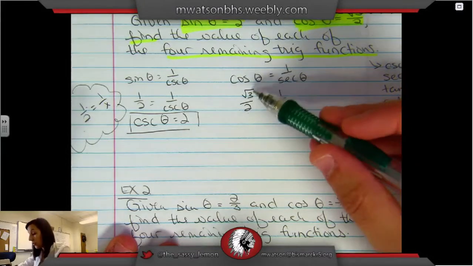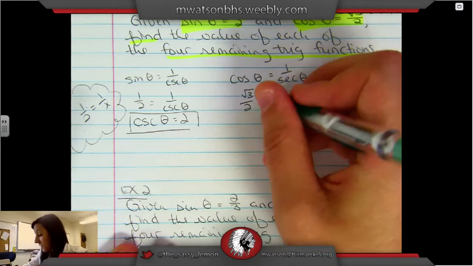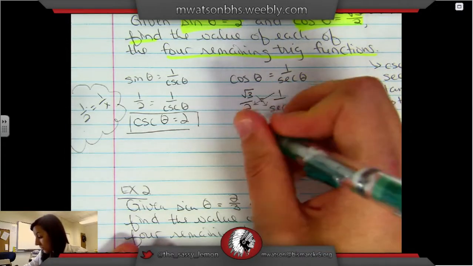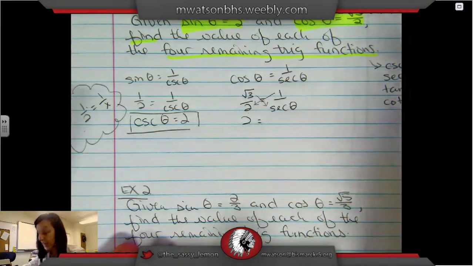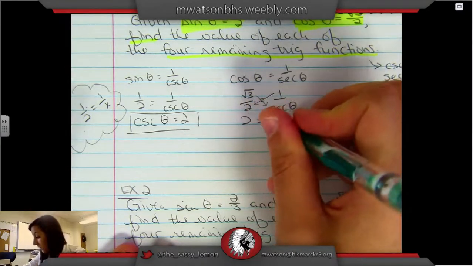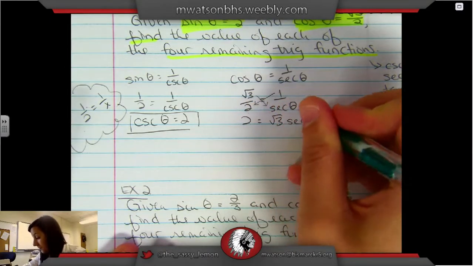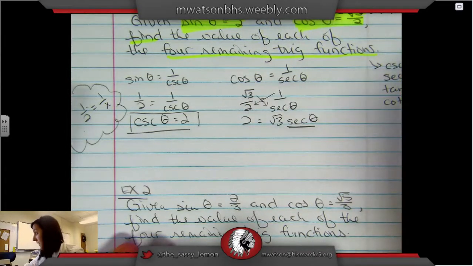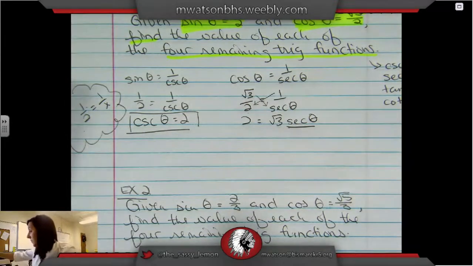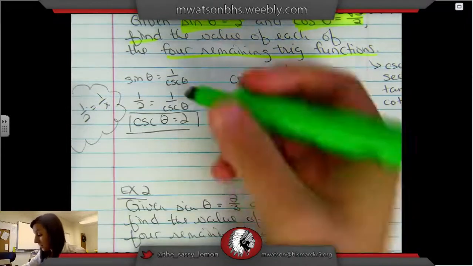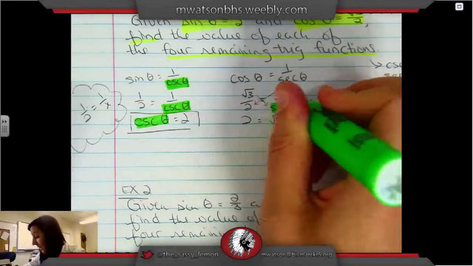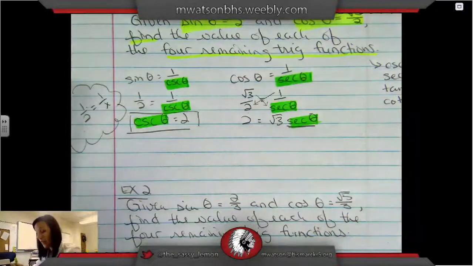So we're going to have to cross multiply. You do 1 times 2, and that goes on one side of the equal sign, and then square root of 3 times secant theta. Remember the whole time, this is acting as your variable. If it helps you, just highlight that like it's your variable all the way through the problem till you get that highlighted portion by itself.